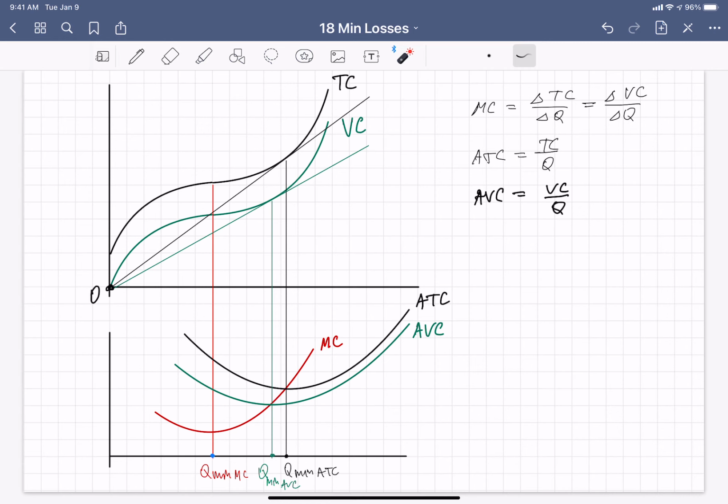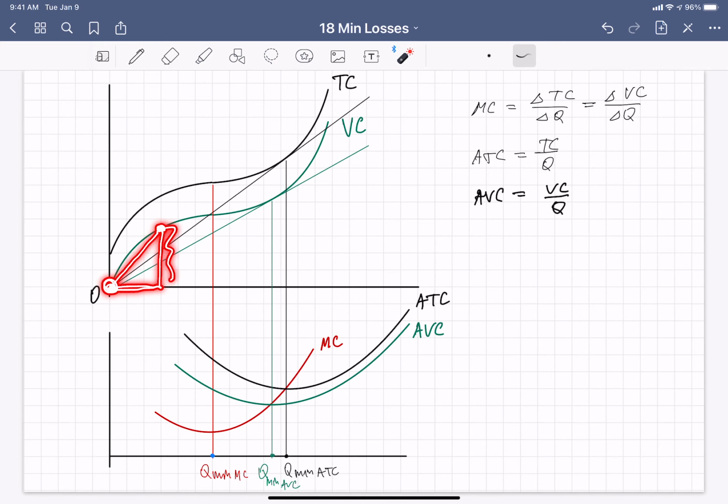Okay, and you can do the same thing when looking at AVC. AVC can be interpreted as the slope of a line that connects a point on our VC curve to the origin of the diagram.